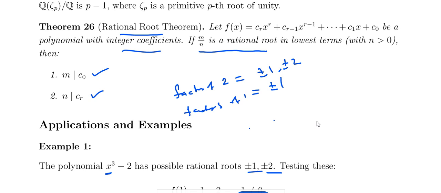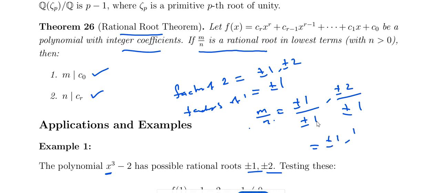Actually, we need to divide both, that is the p by q form, the m by n form. So plus or minus 1 divided by plus or minus 1, plus or minus 2 divided by plus or minus 1. Actually what you get is plus or minus 1, plus or minus 2. This is the m by n form.